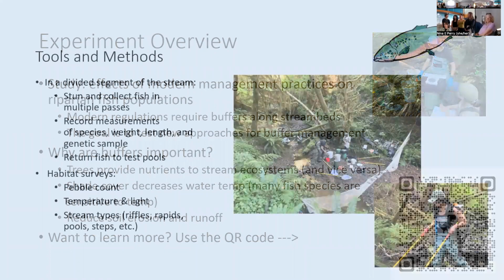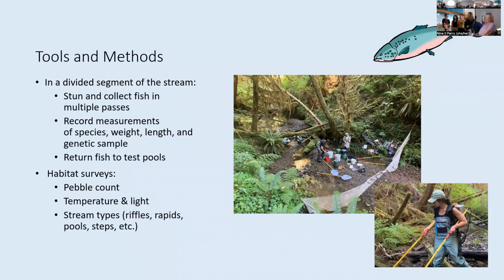For the methodology that we use, we are dividing up the stream with nets. We're cutting it off at 100-meter junctions, so a net upstream and downstream to stop the fish and keep it a contained space. Then we use an electrofishing backpack, which Nina is demonstrating very snazzily in the bottom right. It's a very heavy backpack with 2 rods.